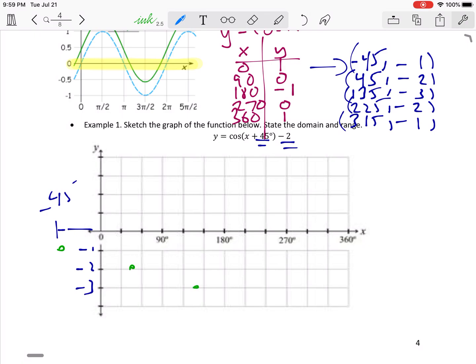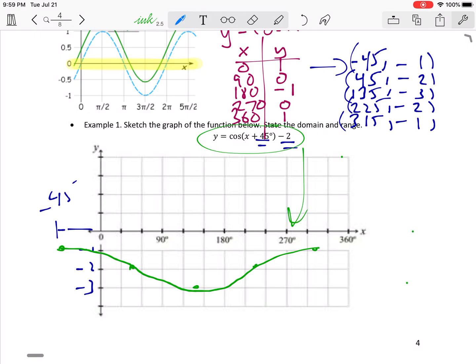And then 225 is going to be -2. And then 315 is going to be -1. Okay, so here's your graph. Okay, so that's the graph of this equation there.